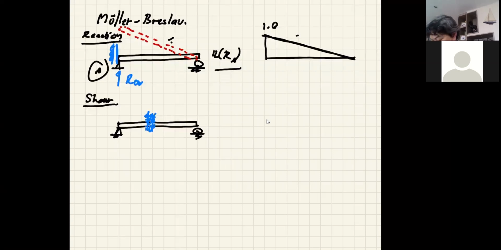The sign of positive shear is up on the left, down on the right, so it's down on the left and up on the right. When I allow this to go free, this downward shear will bring this down because it's on the right of the left portion, and then this one will bring this up.